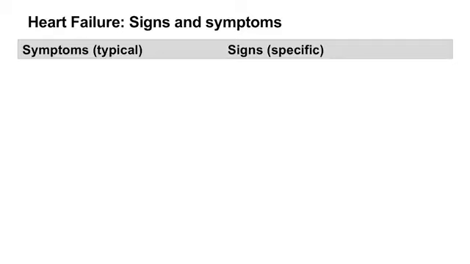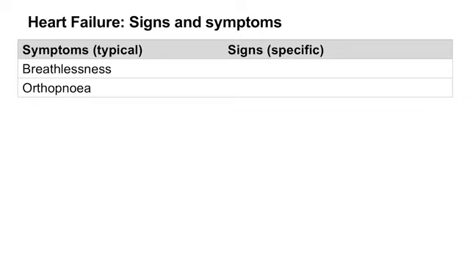But let's start with signs and symptoms of heart failure. If we have a patient, he may have typical symptoms. One of them is breathlessness, meaning dyspnea. The patient has problems, for example, going up the stairs because of his breath.